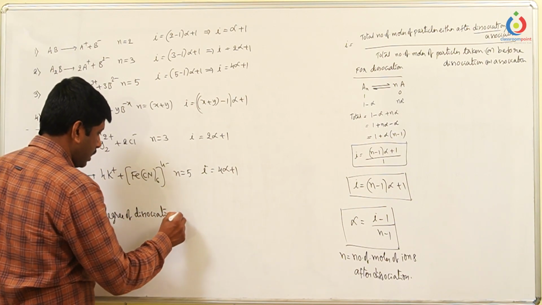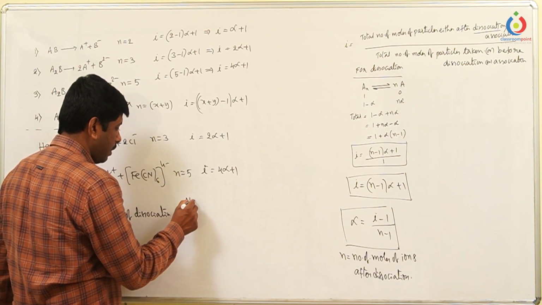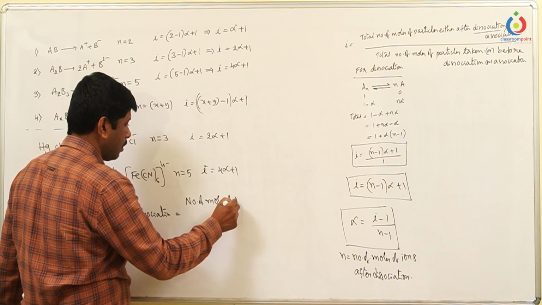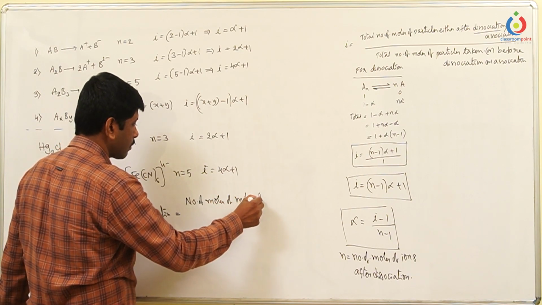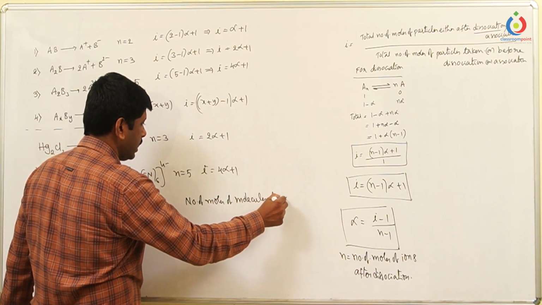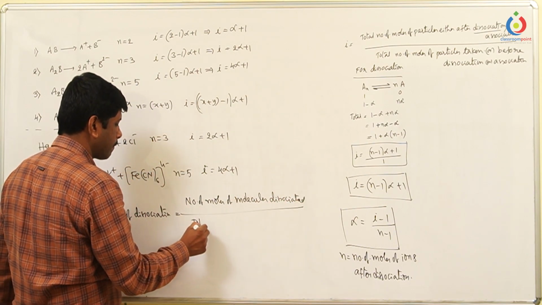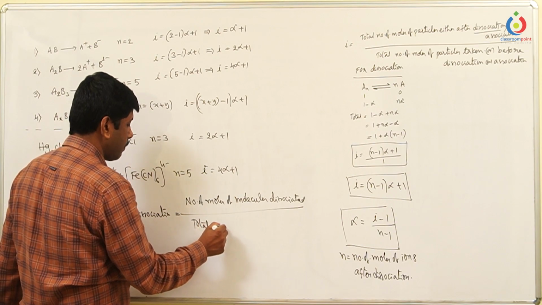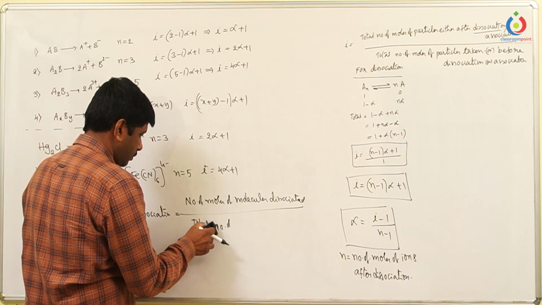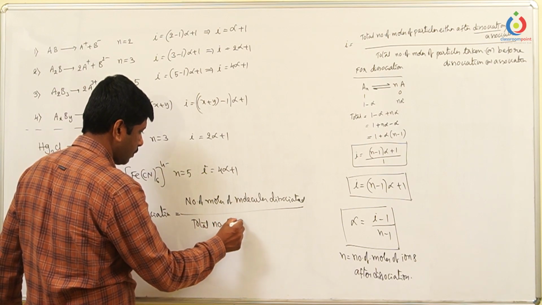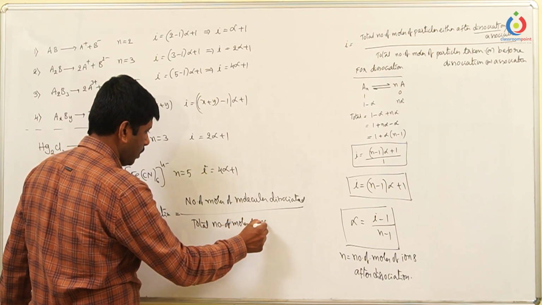This can be calculated as the number of moles of molecules dissociated divided by the total number of moles of molecules taken.